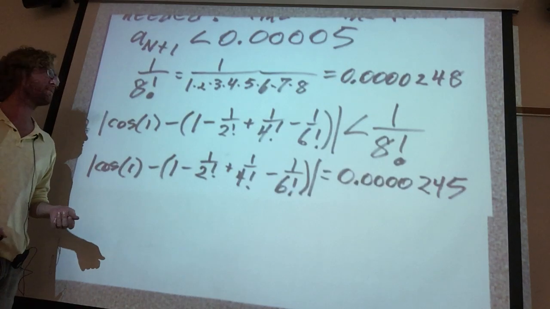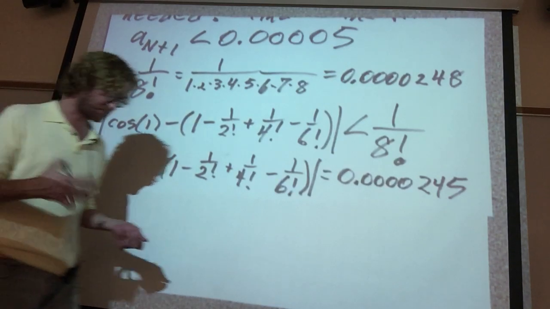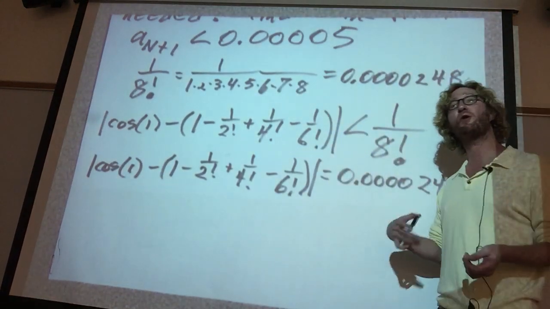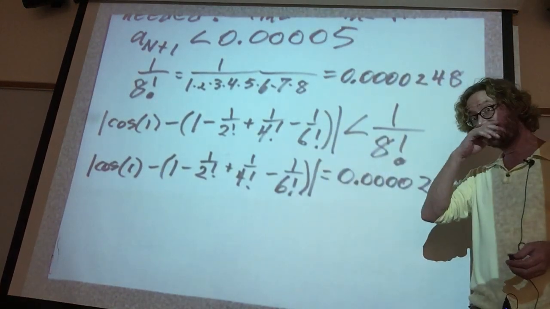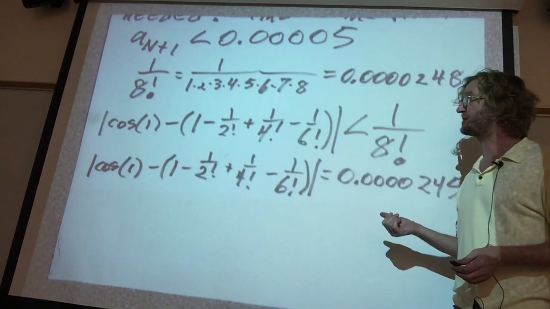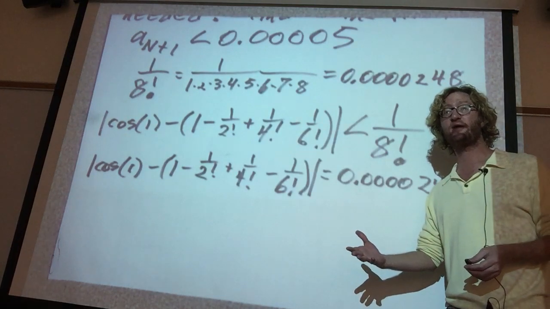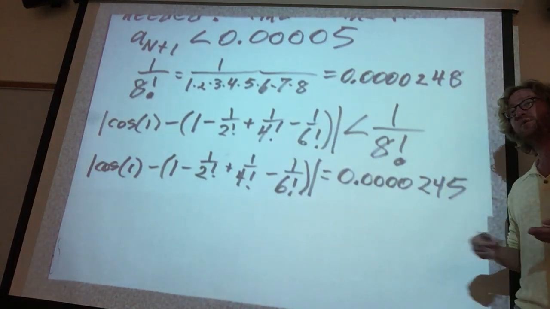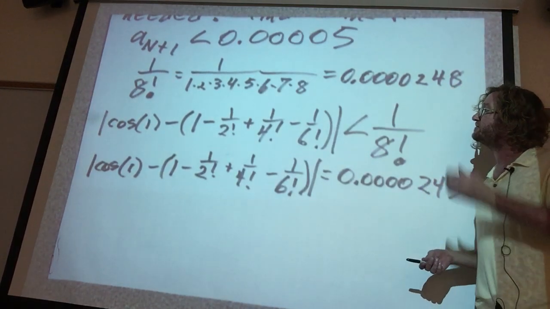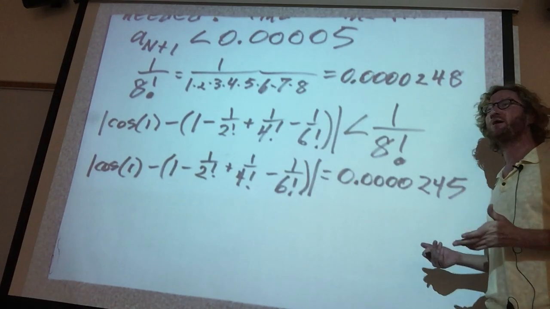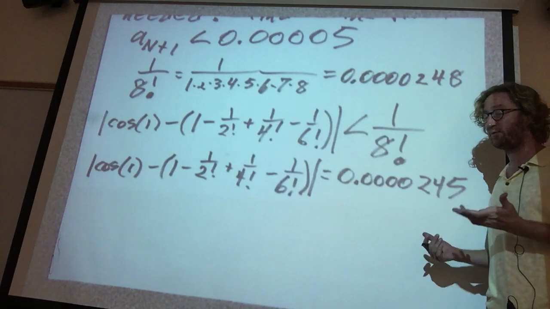We'll talk about this later on, but if we do the ratio test on this cosine of 1, it is absolutely convergent. And things that are absolutely convergent calculate to a certain degree of accuracy pretty quickly.